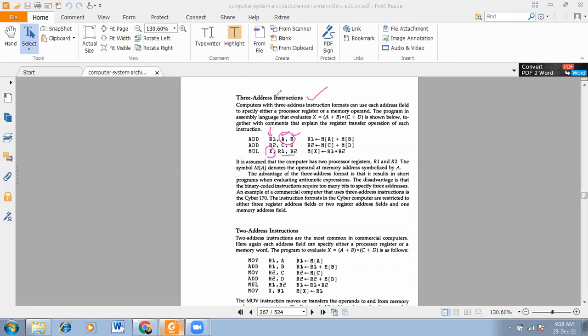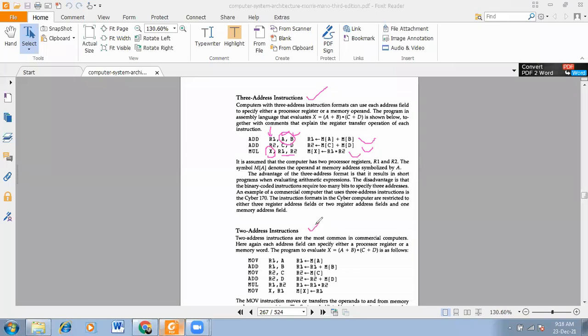That may be memory locations, registers, or a combination of registers and memory locations. These three are examples of three address instructions.